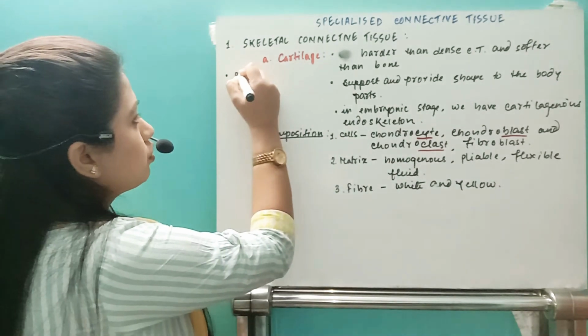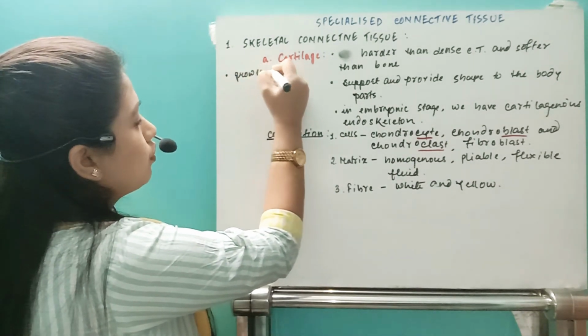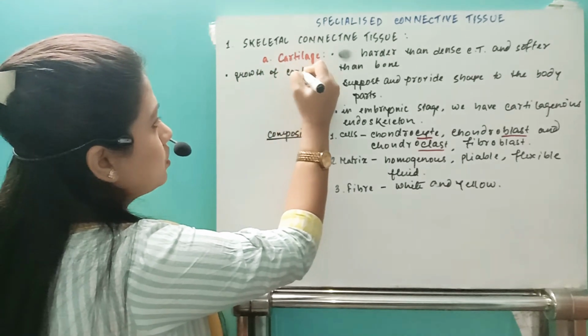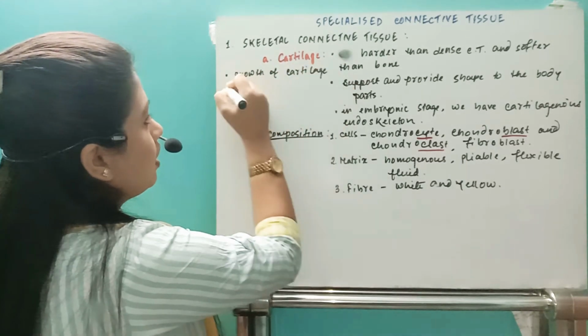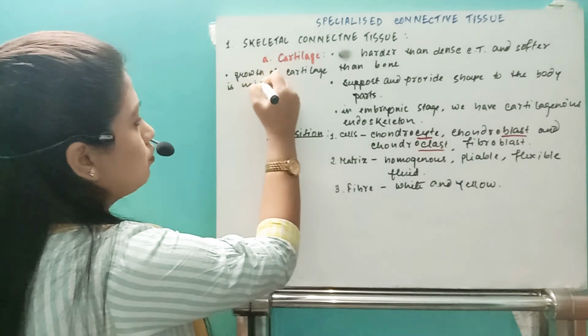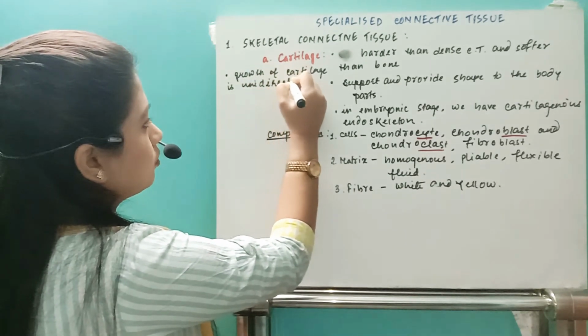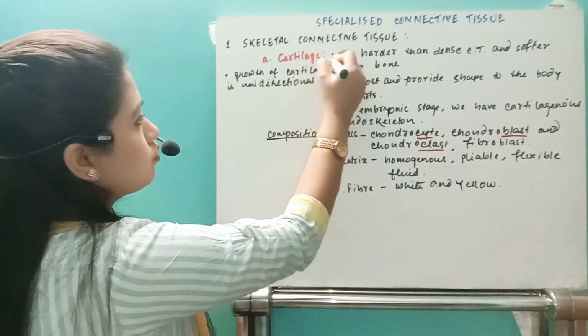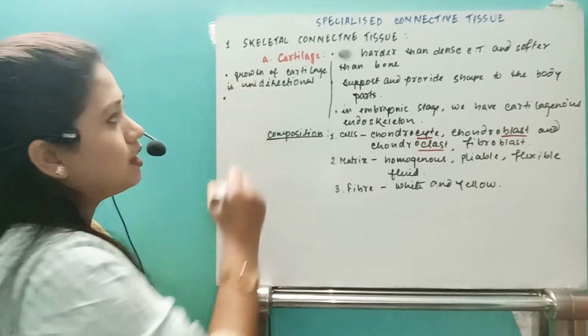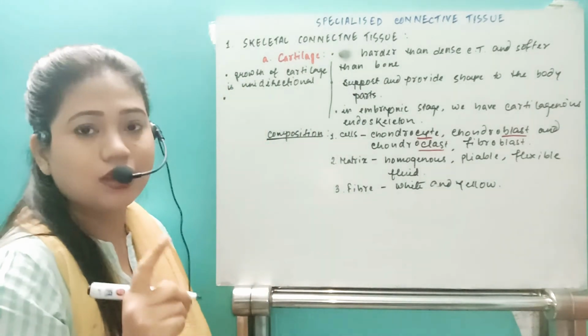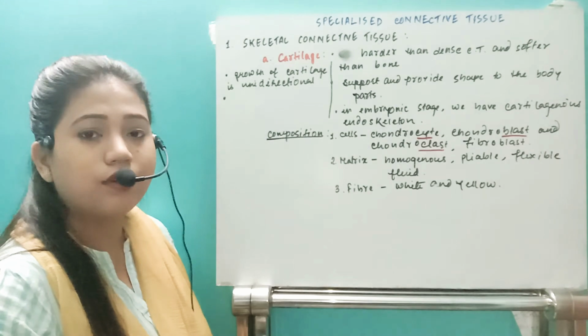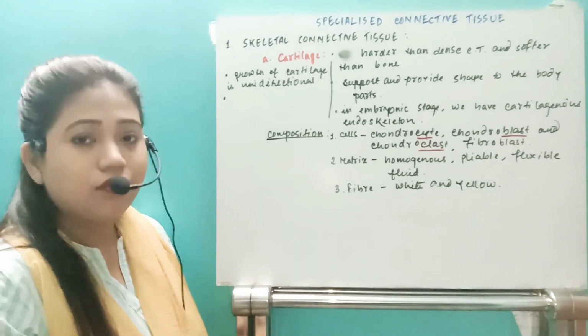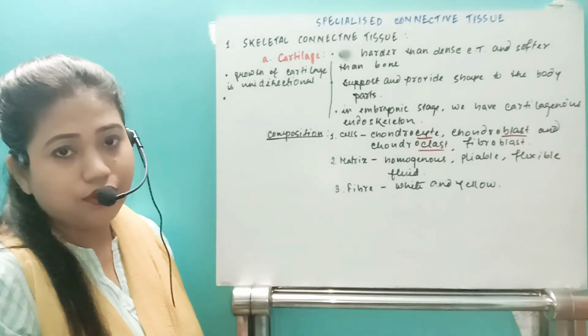So the growth of cartilage is unidirectional. Okay, so that point you need to know. Second point, the cartilage is devoid of blood, lymph, or nerve.